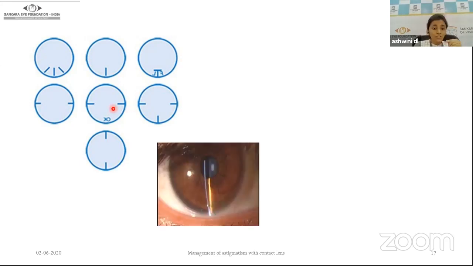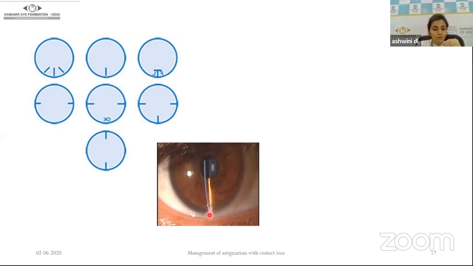So how can we assess these scribe marks in the contact lens? When a patient is wearing a contact lens, how can we check whether these scribe marks are in the original position or not? We can do it with the help of the slit lamp, using an optical section in which we keep the slit width around 2 to 3 mm and the length around 12 to 14 mm.